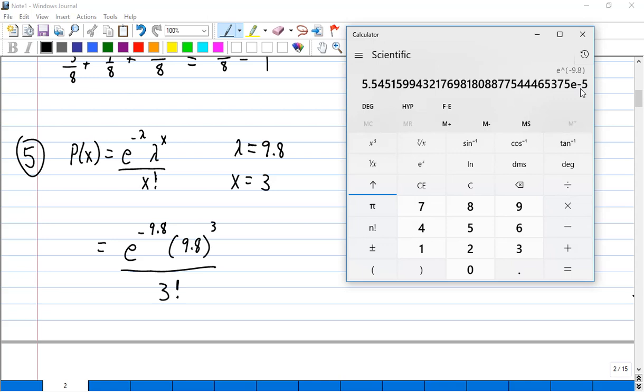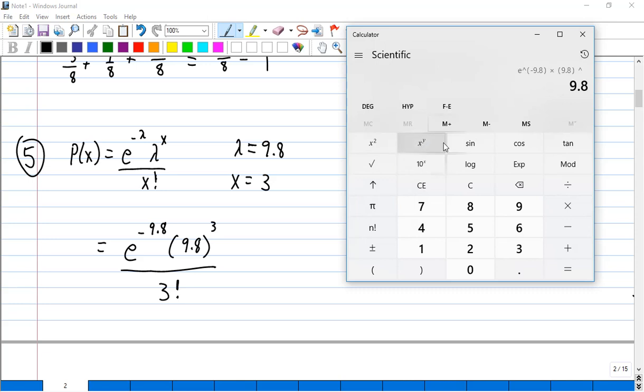So what I would probably do, especially if you're using a calculator that gives you an answer like this, is just leave that in there, and then say times, so you can see what we're putting in up here, and then I need to say 9.8 to the third. So parentheses 9.8 parentheses, raised to, so that's the x to the y button, the third power.